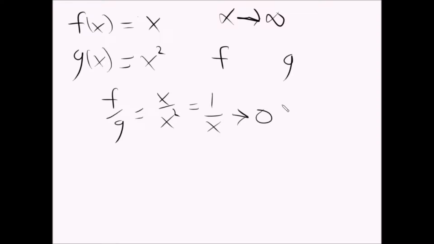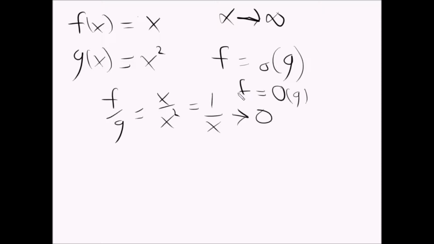And remember the condition that if the ratio f over g tends to 0 for the asymptote that we're interested in, then f is little o of g. And little o of g is a stronger statement than big O of g, which is necessarily implied by little o of g. So if we know that f is little o of g, then we know that f is also big O of g.